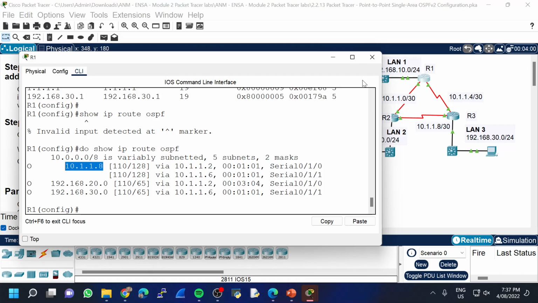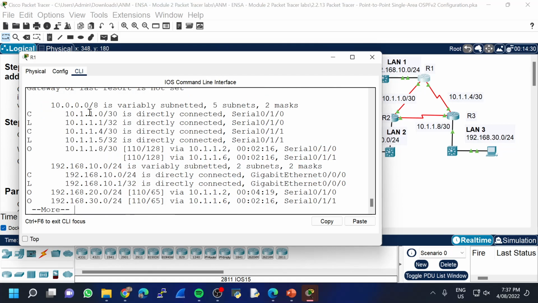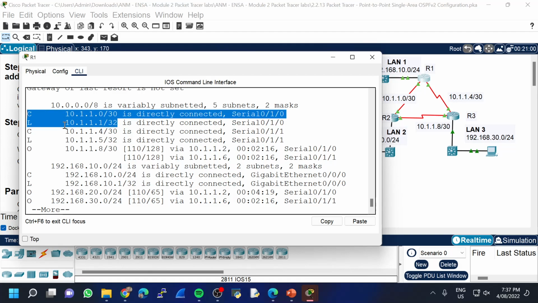They're not added as OSPF routes, but they're going to be there as directly connected routes. There you go. So one is the 10.1, which is this one here. And this is what we were discussing, Rob.